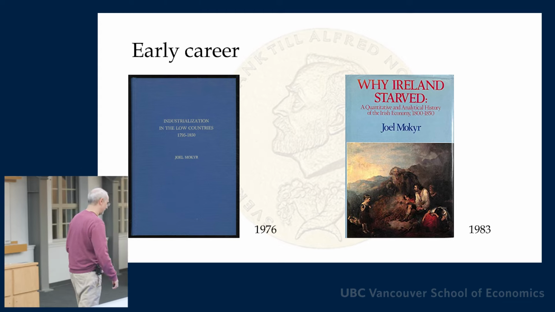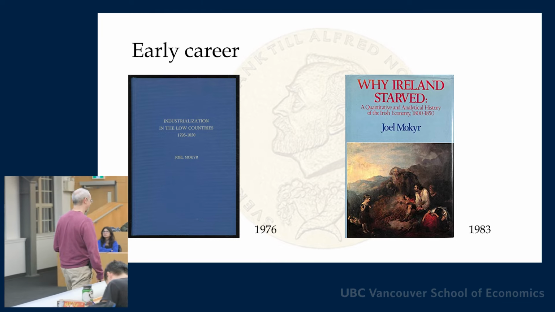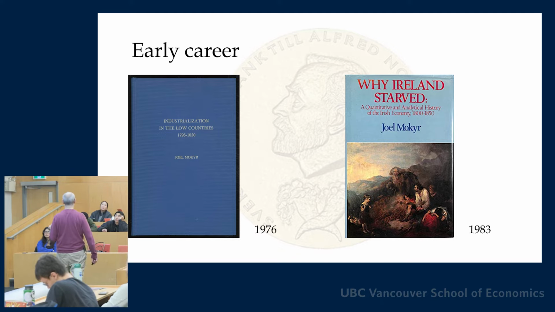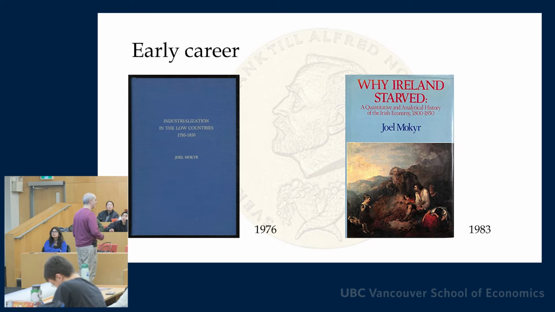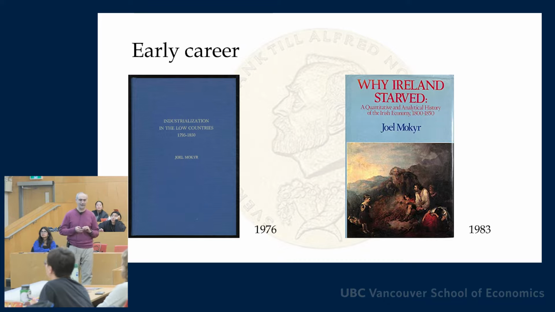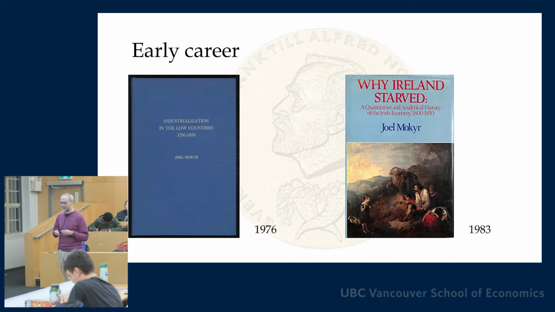The second one did make a splash. It's a book called Why Ireland Starved. It's a study of the Great Irish Famine, more colloquially known as the Irish Potato Famine. The story there, it's one of the most brutal famines of the 19th century, especially because it came in Western Europe.